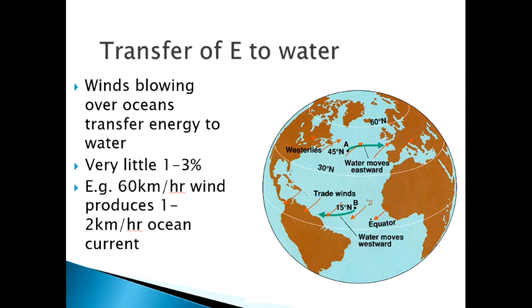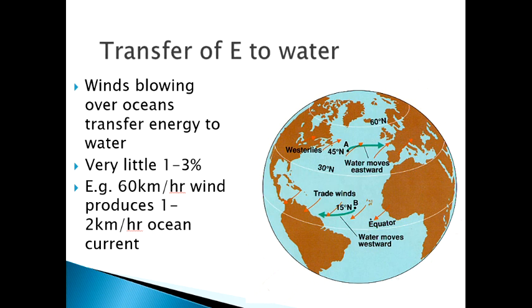The same thing happens here. The transfer is very, very small, though, 1 to 3%. And so as it says there, just as an example, a 60 km/h wind is only going to produce at most a 2 km/h ocean current.